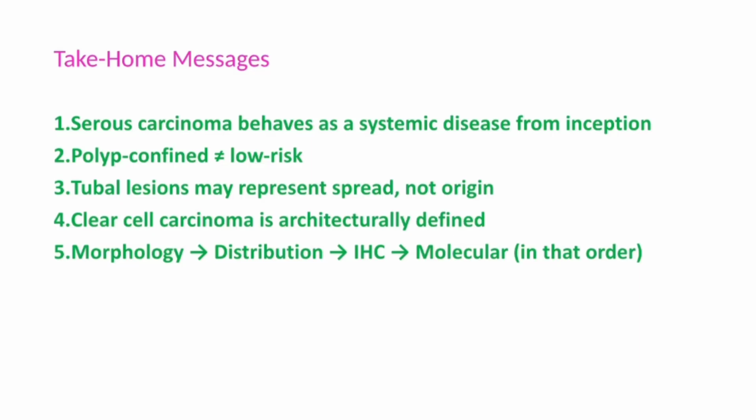and what are IHC panel that is indicating its mutation, and what is the molecular mutation that is important for this serous and clear cell carcinoma. So, by definition, serous and clear cell carcinomas are high grade tumor irrespective of invasion.